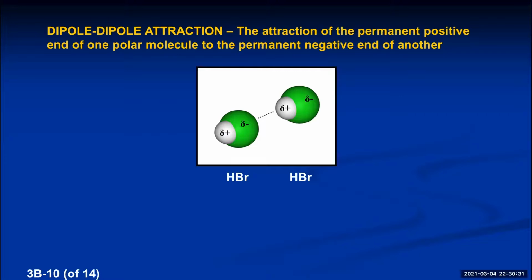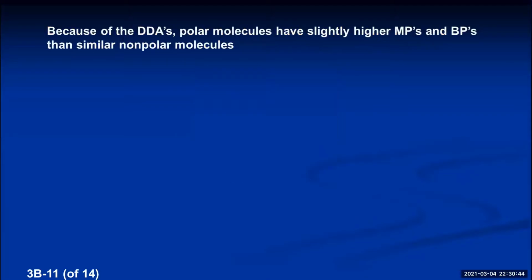And if you think about this logically, if nonpolar molecules only attract with London dispersion forces, but polar molecules have London dispersion forces and dipole-dipole attractions, they might have a little bit higher melting points and boiling points. So because of the dipole-dipole attractions, we would imagine that polar molecules would have slightly higher melting points and boiling points than similar nonpolar molecules.